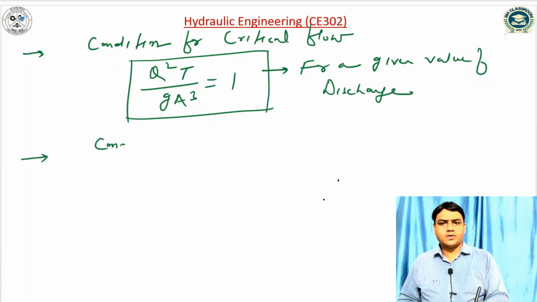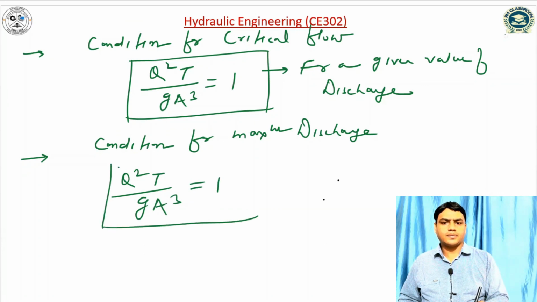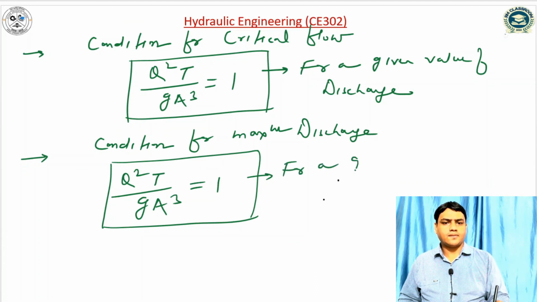The condition for maximum discharge possible is also Q square T by g A cube is equal to unity, but this is for a given value of specific energy.